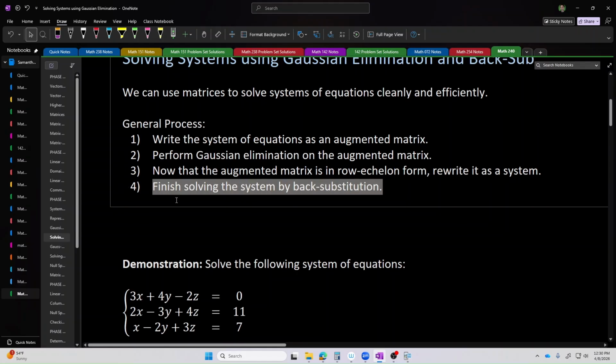So that is going to be the focus of today's lecture and tomorrow's lecture, taking this entire process and representing even the back substitution step using matrices instead of traditional equations containing variables.